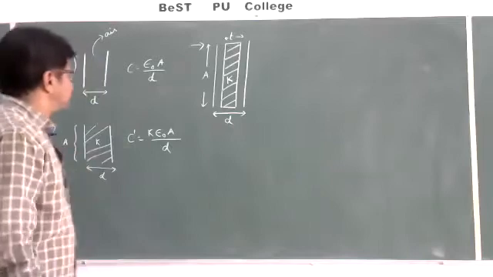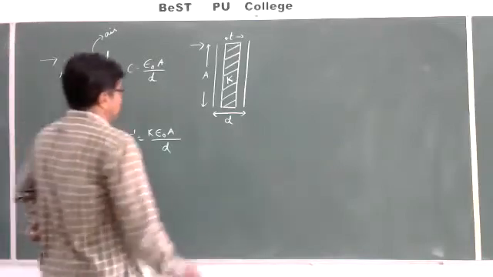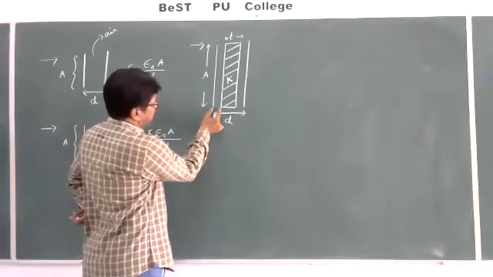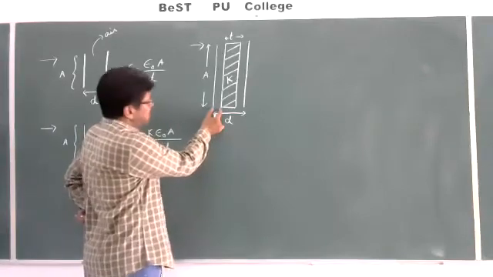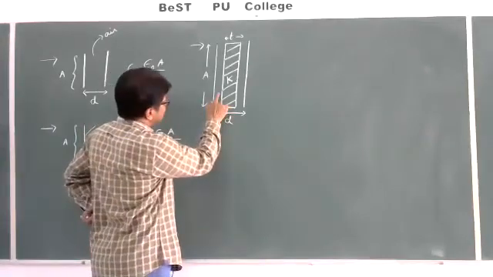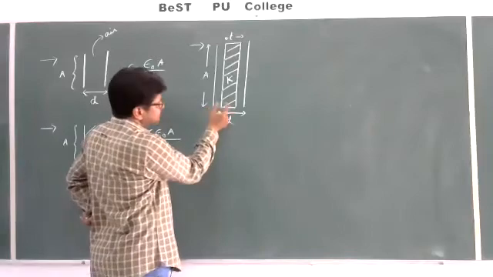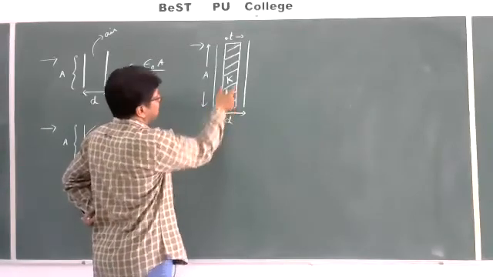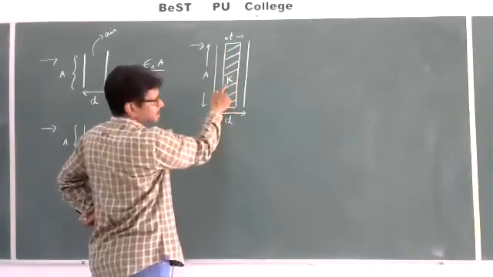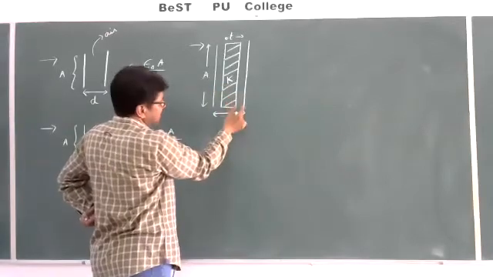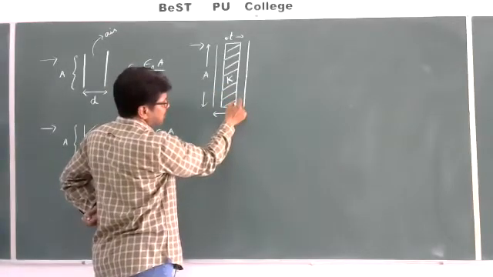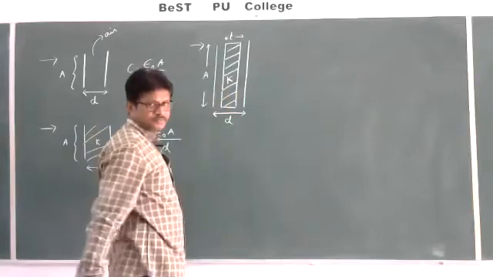Now here, if I take this part, here is air as the medium. If I take this part between the two plates, dielectric is the medium. If I take this part, here also air is the medium.